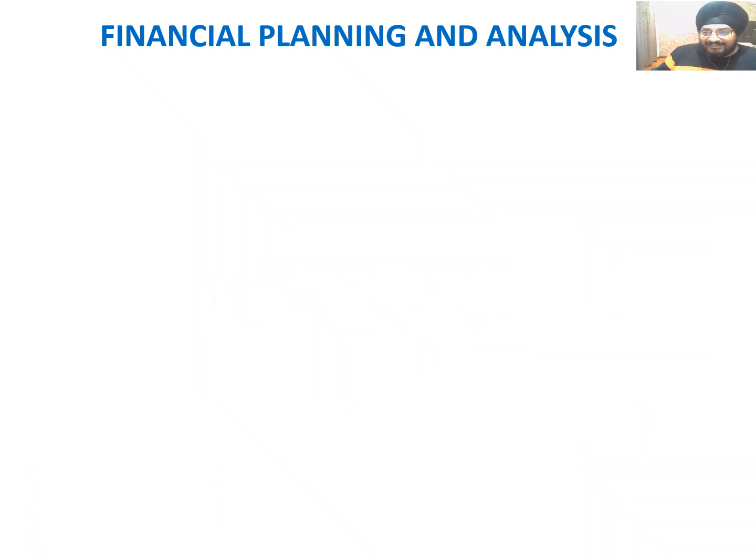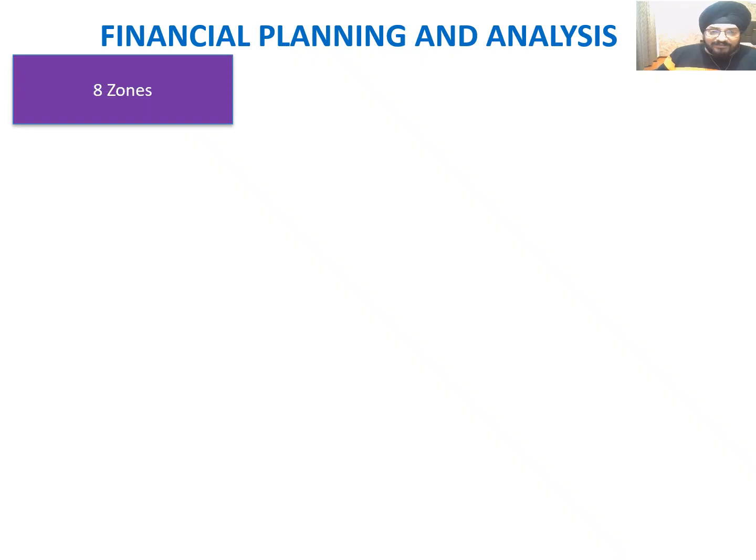Okay, so let's just start the presentation then. So what do we have? 8 zones. Which means that our entire FP&A process has been bifurcated into 8 zones, and we do have various sub processes within those 8 zones, and we are going to look at each of those sub processes.